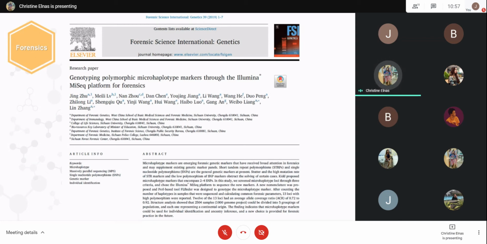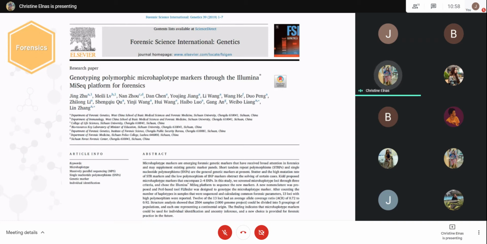Microhaplotype loci were screened through 3 criteria, and they chose the Illumina sequencing platform to sequence these new markers. They found out that the microhaplotype markers could be used for individual identification and ancestry inference, and it is a new choice for forensic practices in the future.